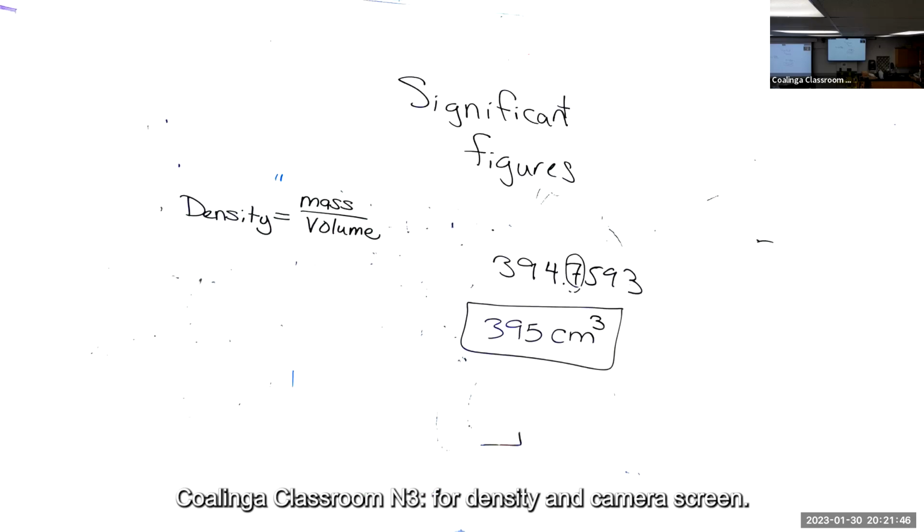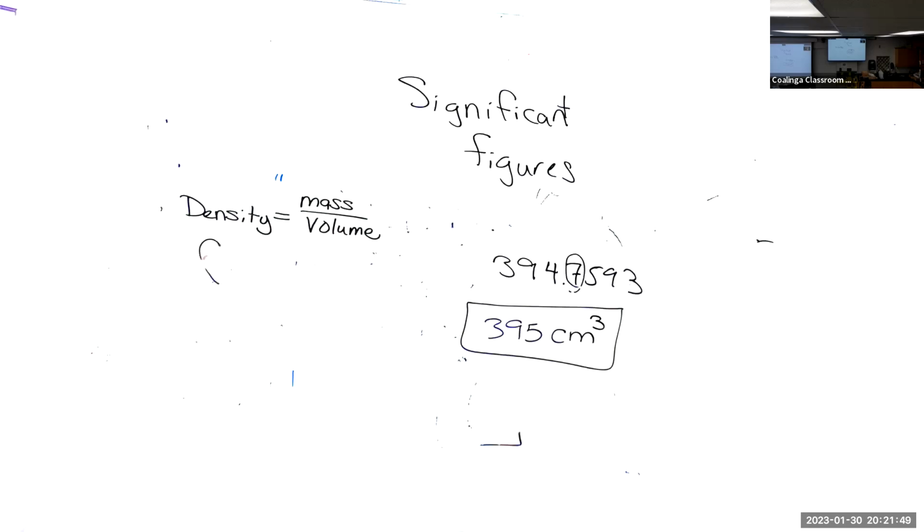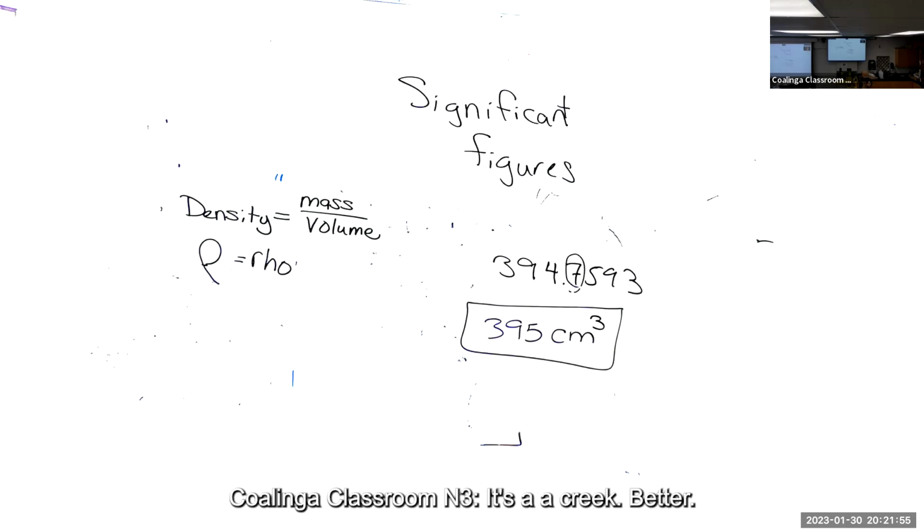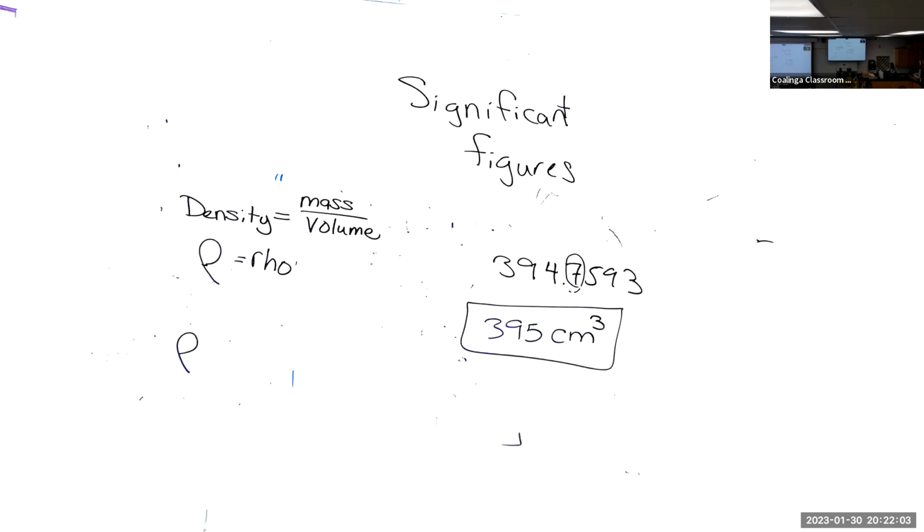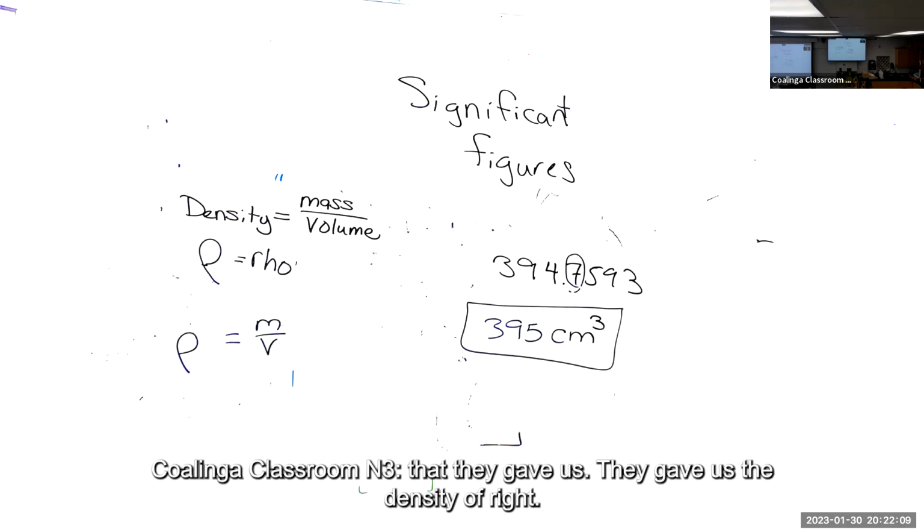The symbol for density in chemistry is called rho. It's a Greek letter. Often you'll see density written as rho, but it's simply M over V. Did they give us the mass? They gave us the density, right?